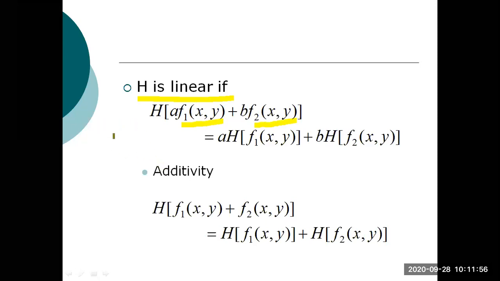Image 1 is scaled with A and image 2 is scaled with B, and if you operate H on the summation of these two images, and it is equivalent to A into H of f1 of x comma y plus B into H of f2 of x comma y, then it is called linear.